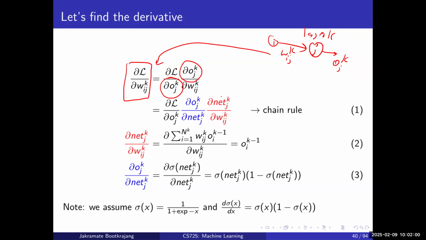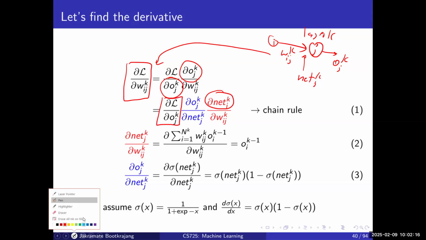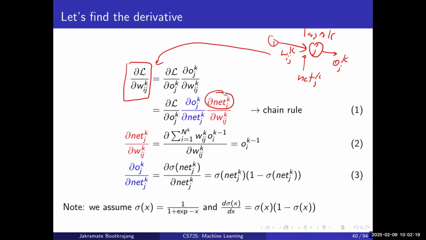We introduce net_jk, which is the weighted sum of all the inputs going to node j. So we have this chain rule. If we can compute these three partial derivatives, we can multiply them and get the answer that we want.